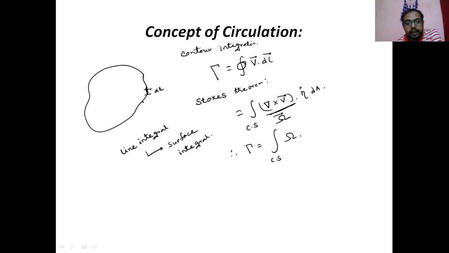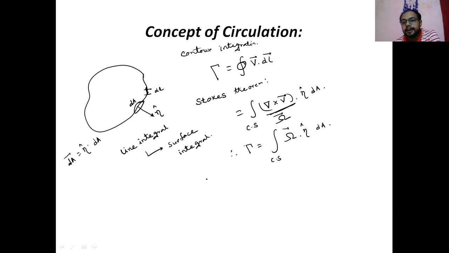If you choose a small area, the area is a vector quantity, perpendicular to the surface, so dA is the unit vector n into the magnitude. That is the concept of the circulation.